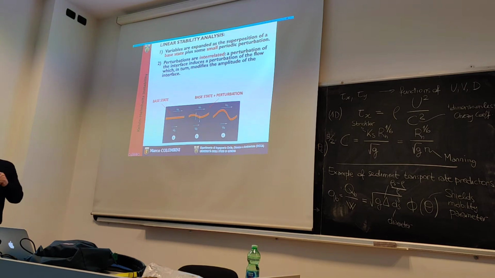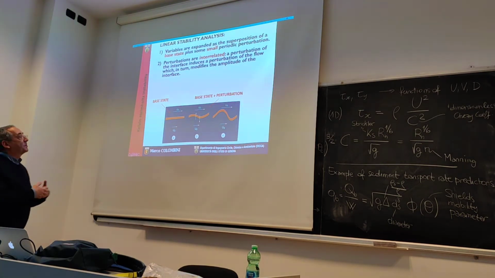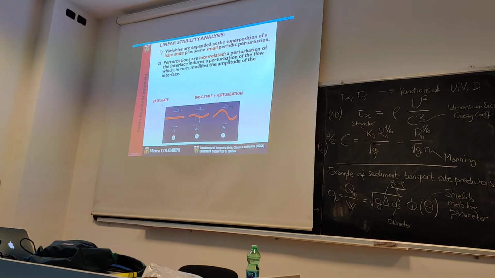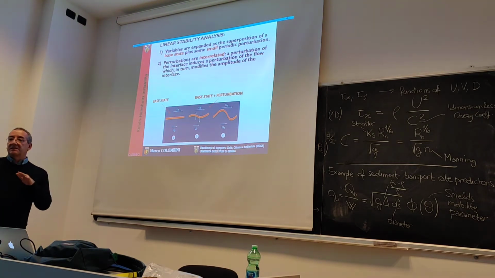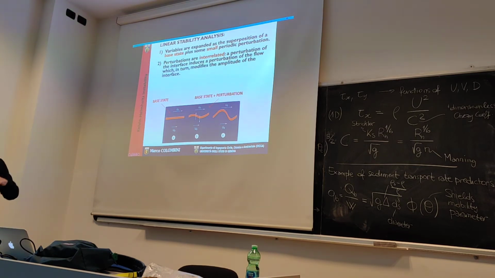These perturbations are related one to the other. This is another important thing. So you have a feedback. When you modify your initial system, your base state, for example, assuming that the bed in a river is not flat but has a bedform on it, this perturbation of the shape of the bed induces a change in the flow.